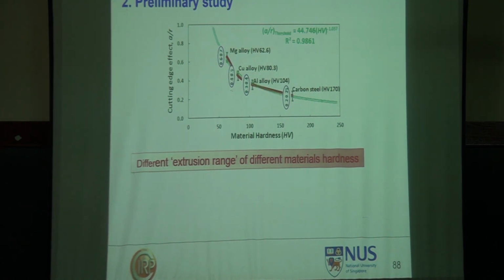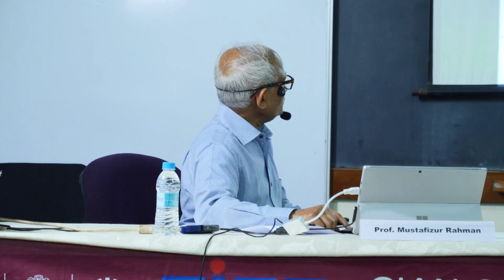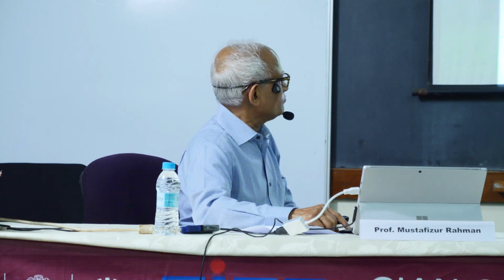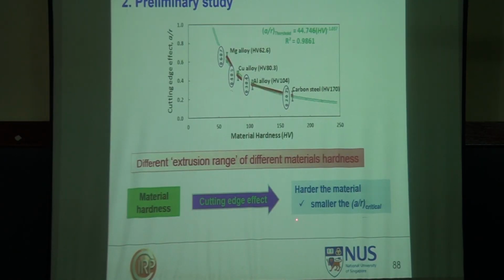So again, different extrusion shown for different material hardness as well as for grain size. To make sure that grain size affects it, what he did, I'll tell you later. So as material hardness increases, the cutting edge effect also increases. As material hardness decreases, the edge radius effect increases. Okay? That means the harder the material, the smaller is A by R, concluded.